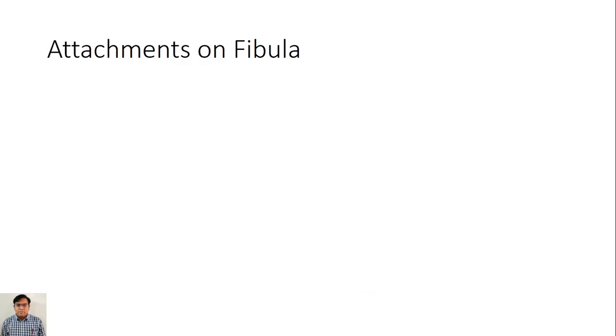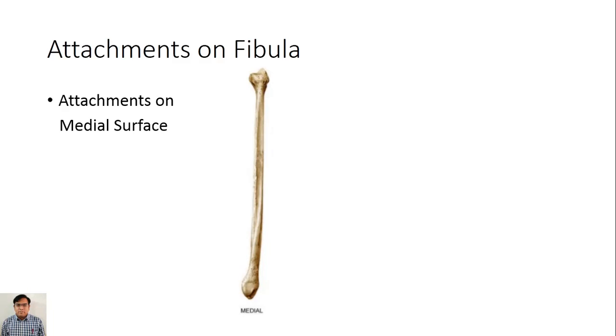Now the attachments on the fibula. First of all, attachments on the medial surface. This is the medial view of the fibula, which is divided into three parts by two imaginary lines: upper 1/4, middle 2/4 and lower 1/4. The middle 2/4 is again divided into anterior half and posterior half.